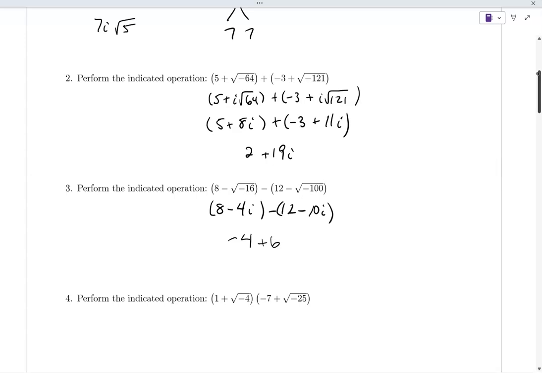There we go. It'd be a plus 6i. Good. Because a minus will make a plus, right? So we get negative 4i plus 10i. So we get positive. Is that okay?